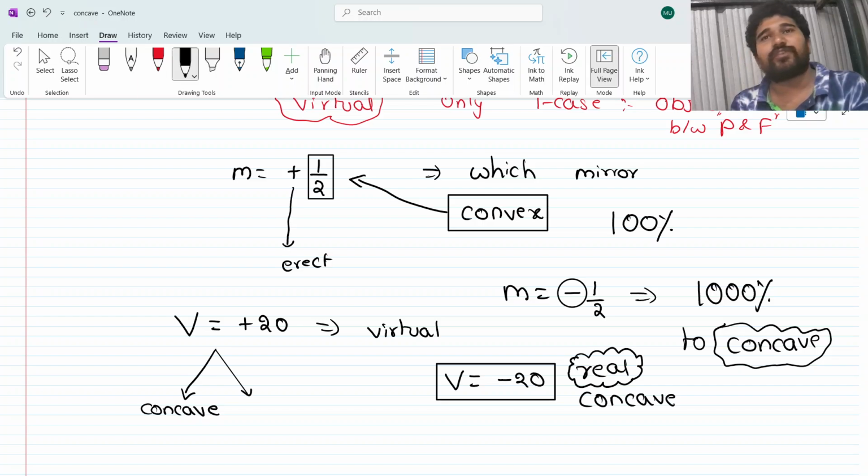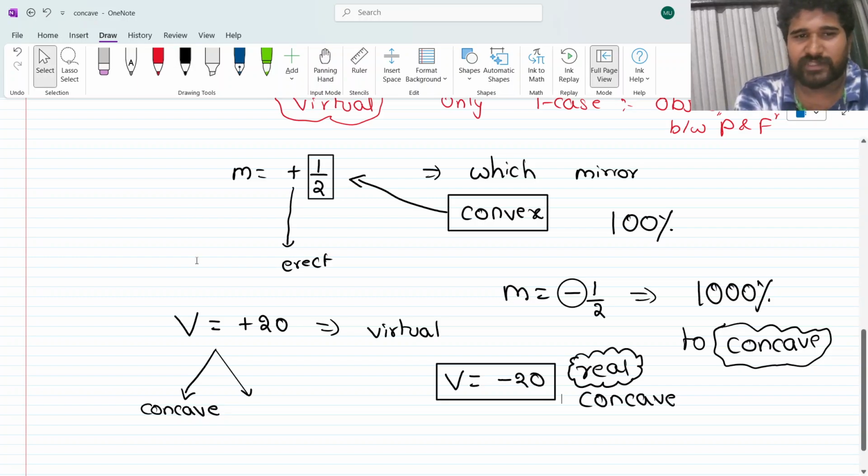Can we form real images with a convex mirror? No. Strong no. We can only form which type of images? Understood everybody? Clear? Now, next.